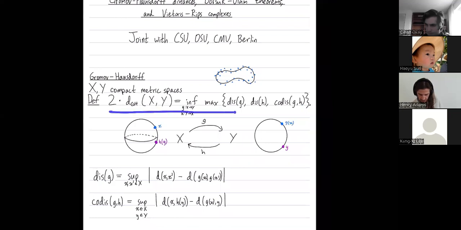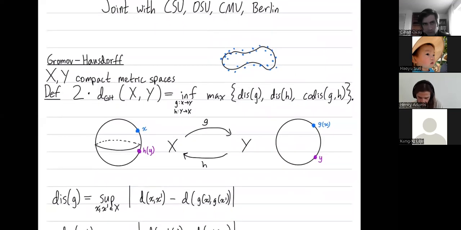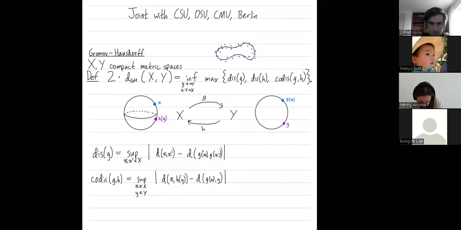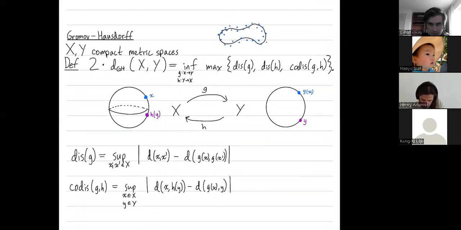One complete definition is written here, but I'll give you a different definition. First I'll describe the Hausdorff distance. Oh, sorry, I'm zooming out so you can't see. So X and Y are metric spaces, and pretend they're embedded first into a common metric space.